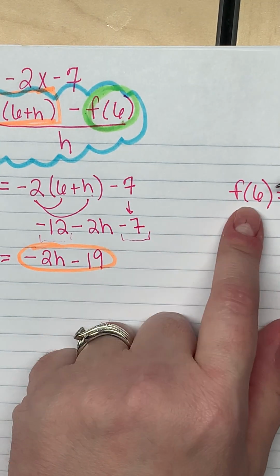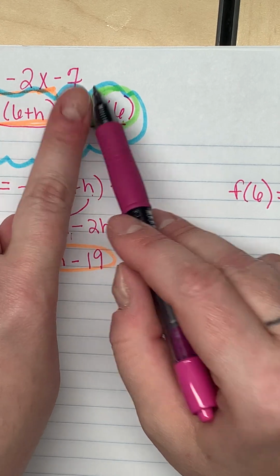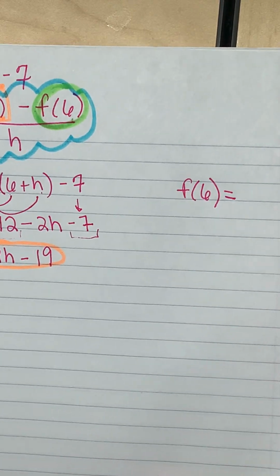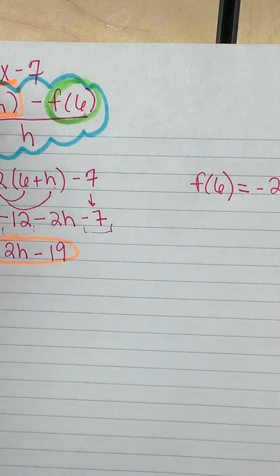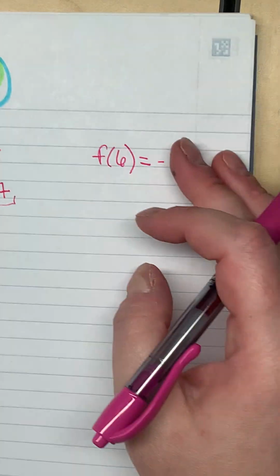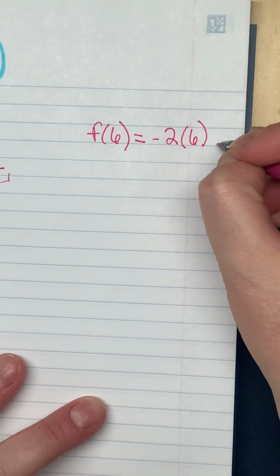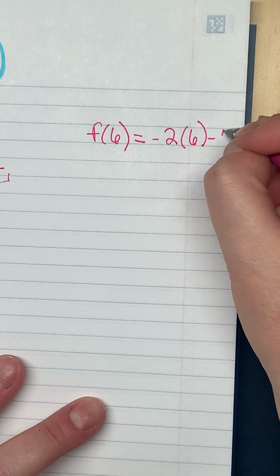We're going to take that 6 and plug it into this equation of negative 2x minus 7. So we're going to have negative 2 times 6 and then minus 7.